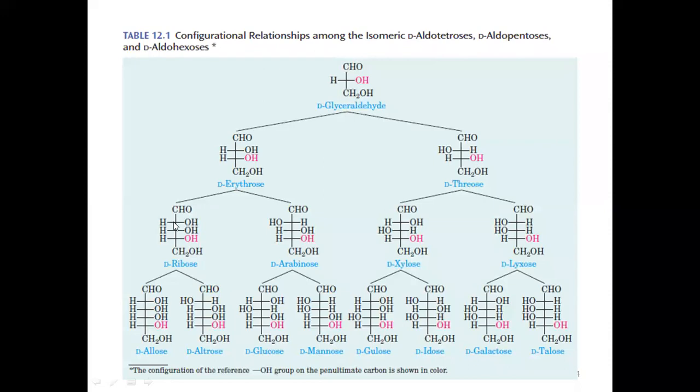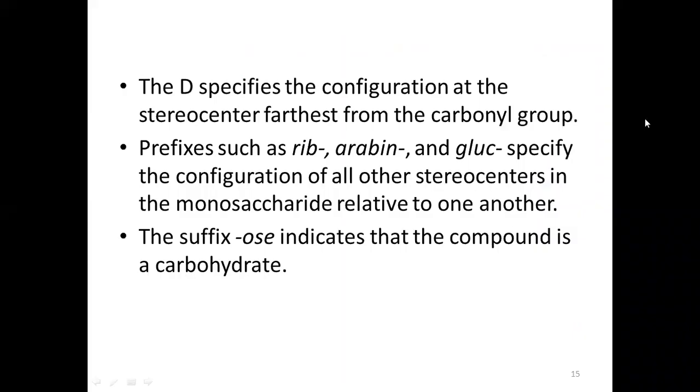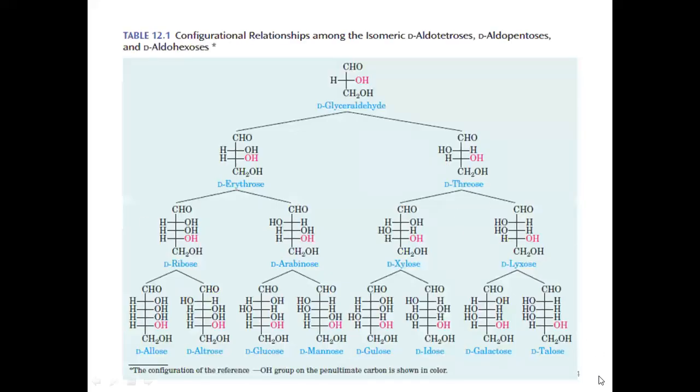When we add carbons, we always start at the top, next to the carbonyl carbon. You notice a reference CHOH is here, at the bottom, and that is where the D configuration comes from. So the D specifies the configuration at the stereocenter farthest from the carbonyl. That's why all of these are still in the D configuration.